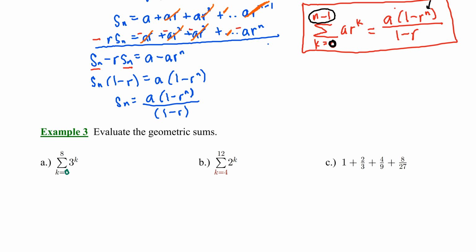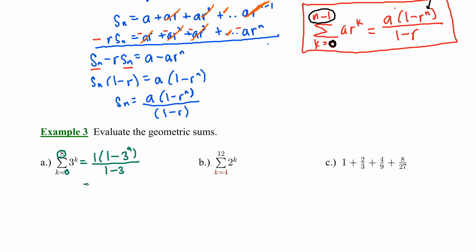So this is going to be equal to a, which in this case is 1. R, of course, is the base of my exponential expression there. A times 1 minus r, which is 3, to the nth power. But remember, n is 1 greater than my upper limit of summation. So we have 1 minus 3 to the 9th power over 1 minus 3.